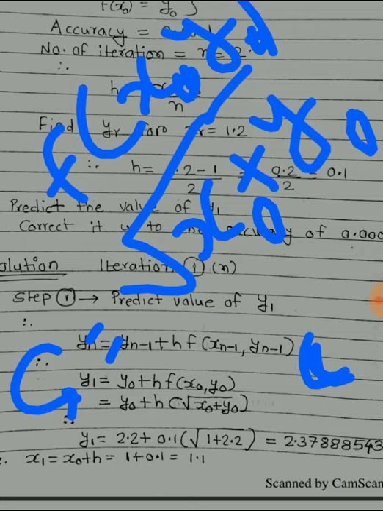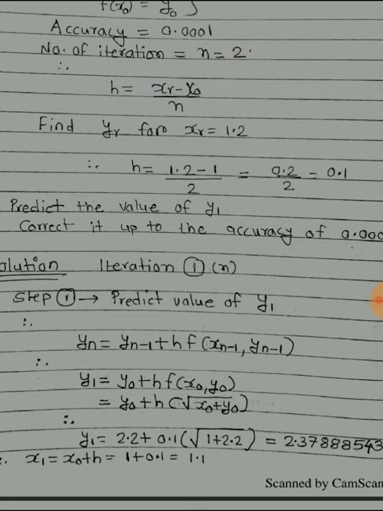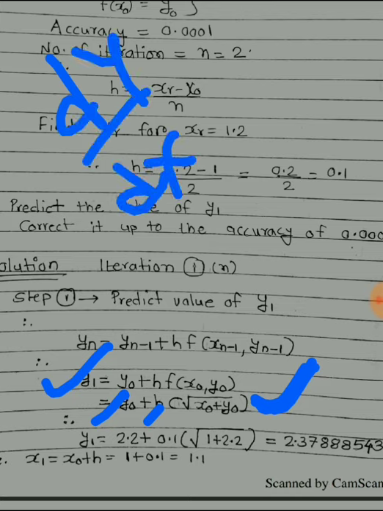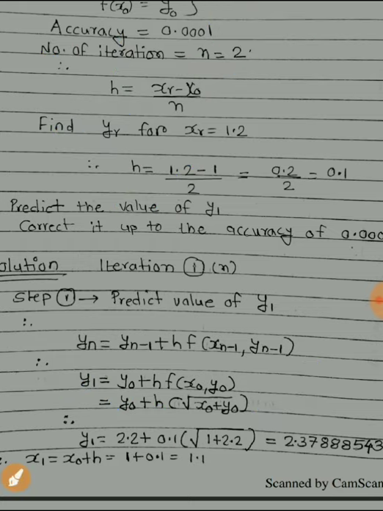So y1 equals y0 as it is, h as it is, and instead of f of x0 y0, I have written the square root of x0 plus y0. Why is it done? Because f of x0 y0 is nothing but the square root of x0 plus y0. And I have got this from this equation, that is dy by dx, which is the function f of x y, equal to square root of x plus y. So I hope you understood this, friend.